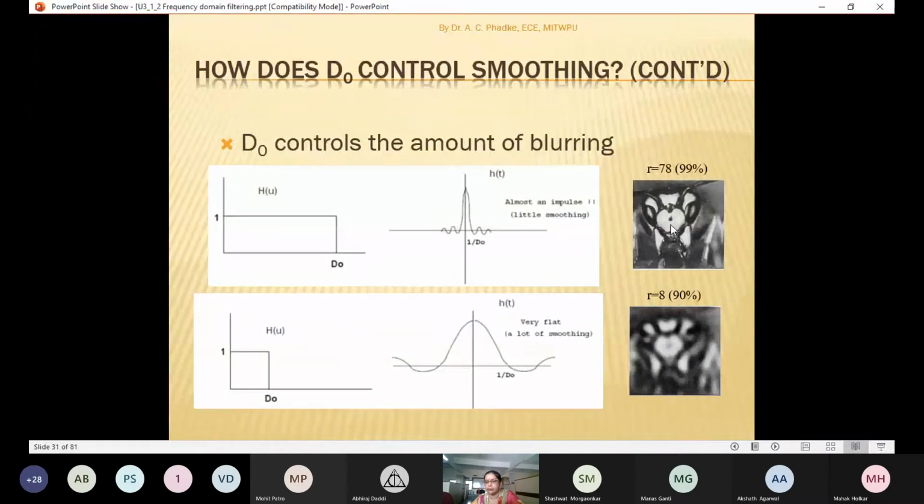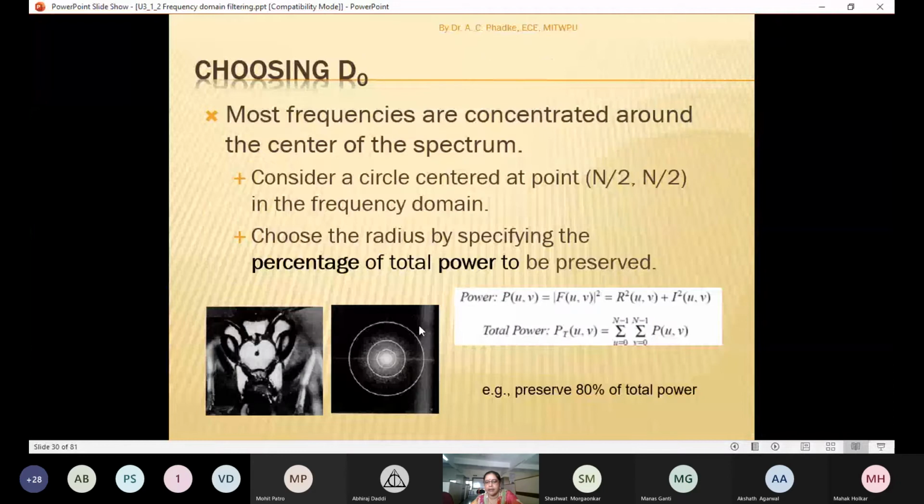Okay, so you can easily understand this lower one is more blurred. Why? Because here we have reduced the radius, which means we have reduced the number of high frequency coefficients. When we switch from the outer circle to this inner small circle, we select all the frequency coefficients inside the small circle and attenuate all those outside it.